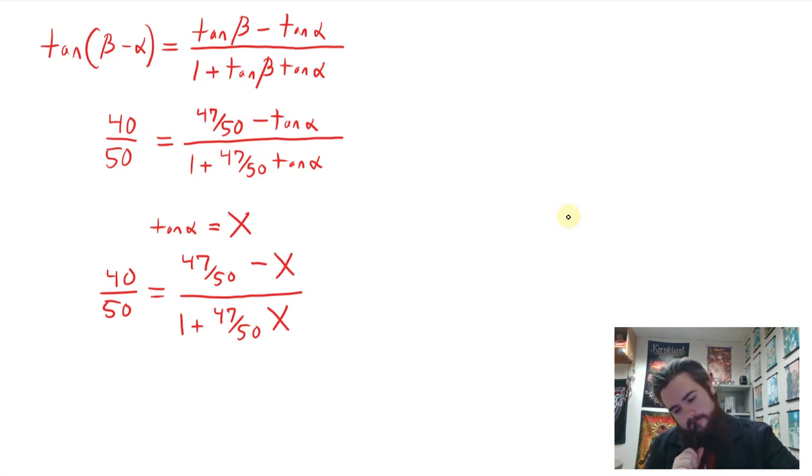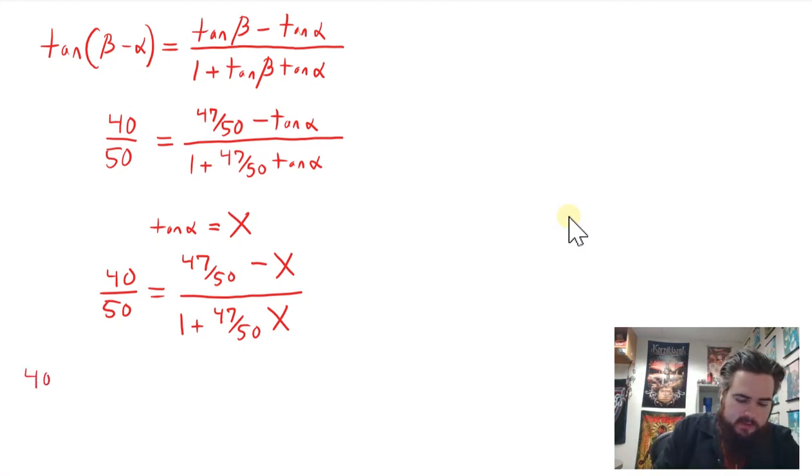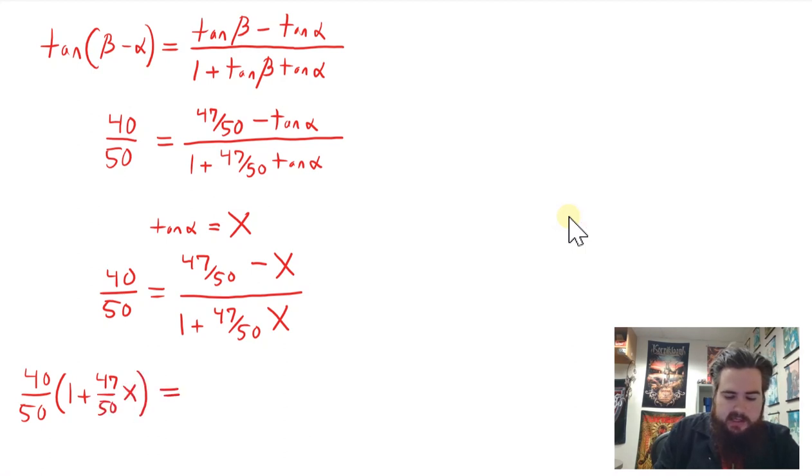So that will give me 40 over 50 times 1 plus 47 out of 50x is equal to 47 out of 50 minus x.